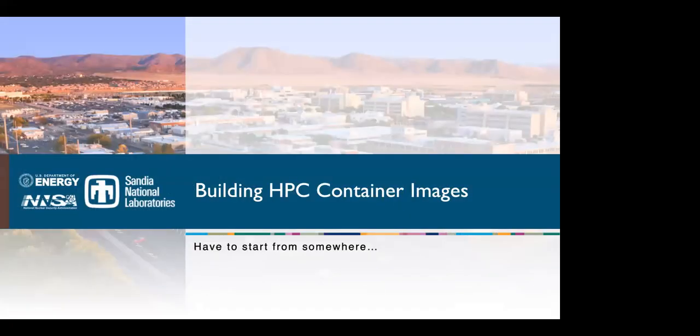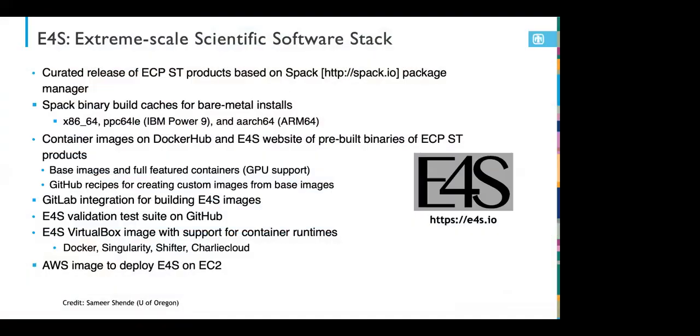So now I'm going to get into some of our recent work with building container images. Now, I'm really cheating here from Samir and borrowing a slide from him. I'm sure most people are aware of E4S and the current state of it, but there's a quick slide here to just recap this.